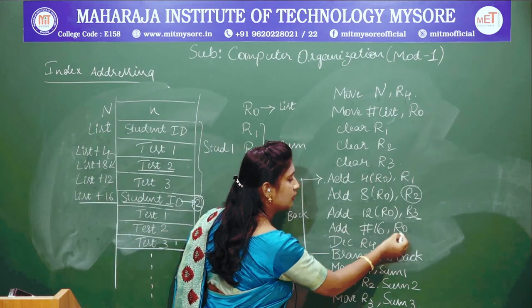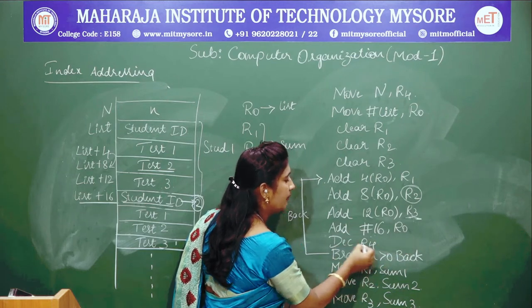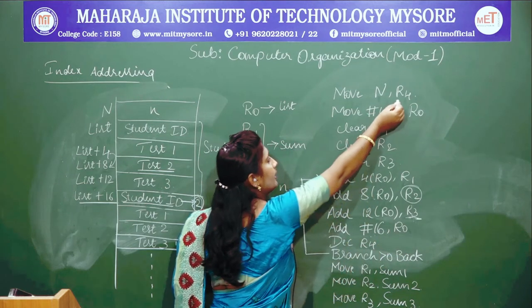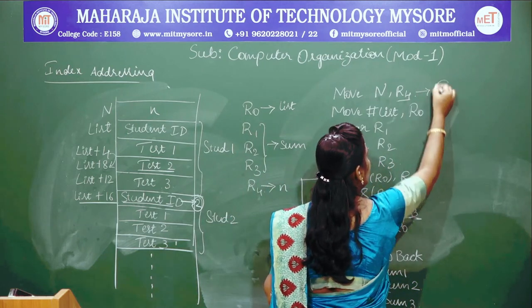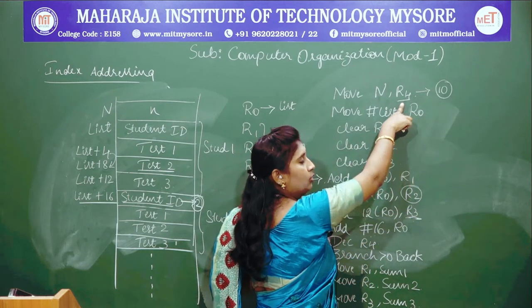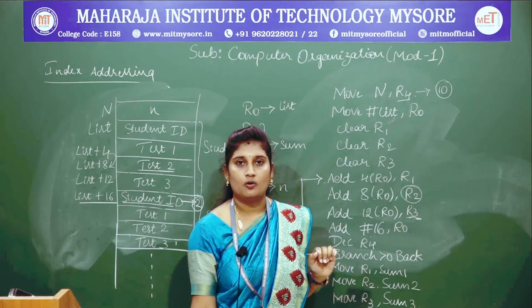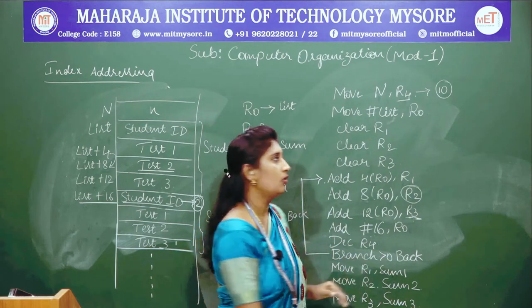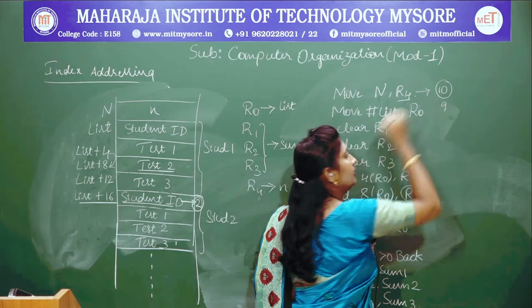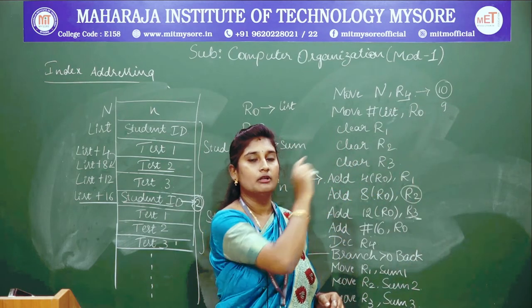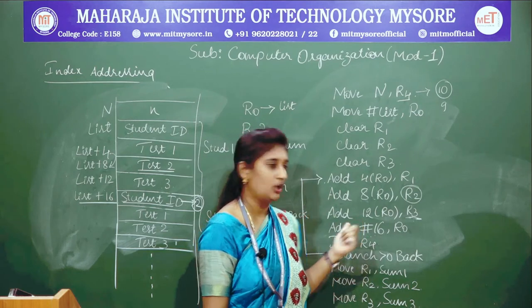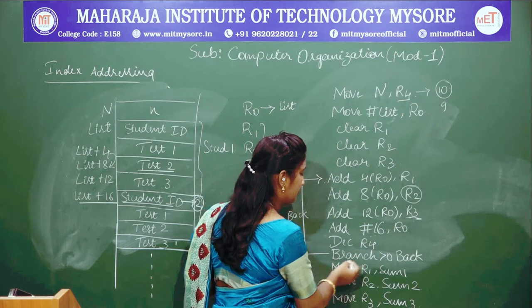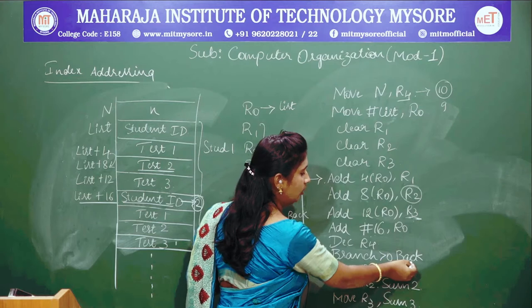Again add 16 comma R0, decrement R4. Decrement R4 means, as I initially told, if there are 10 students, the value 10 is stored in your R4 register. Now decrementing R4 makes it 9. So I will be calculating the 9th student's test values now. So again decrement R4, branch greater than 0, back.